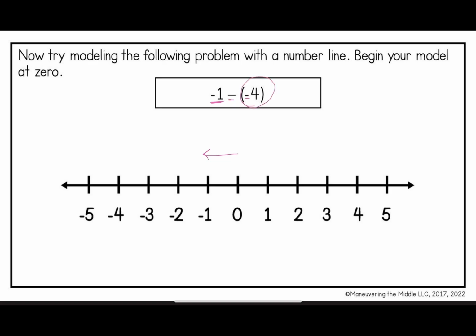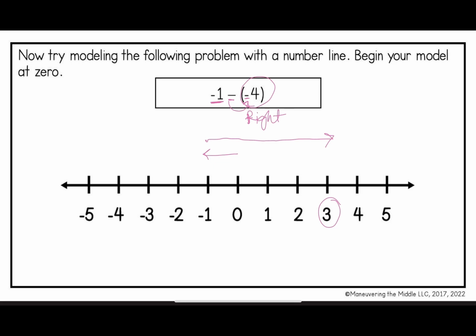Since that's a negative, that means left, but the opposite would be positive. So I'm going right 4. 1, 2, 3, 4. And we're at positive 3.